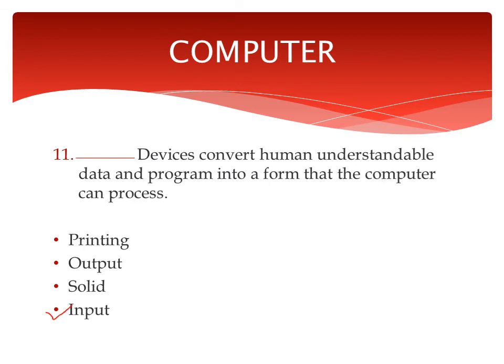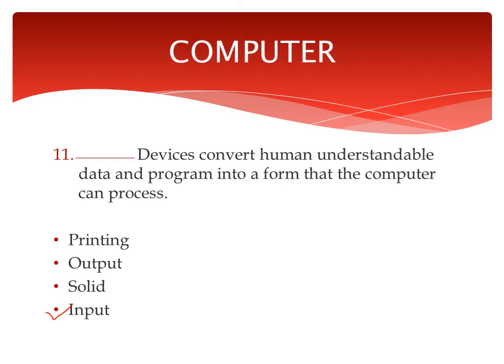11th question: which device converts human understandable data and programs into a form that the computer can process? First, printing; second, output; third, solid; fourth, input.